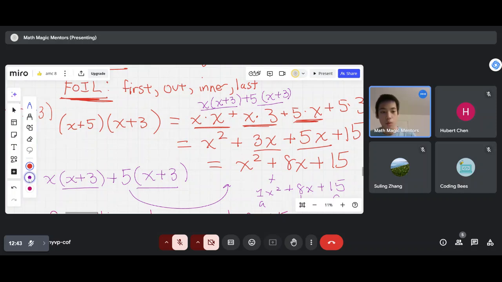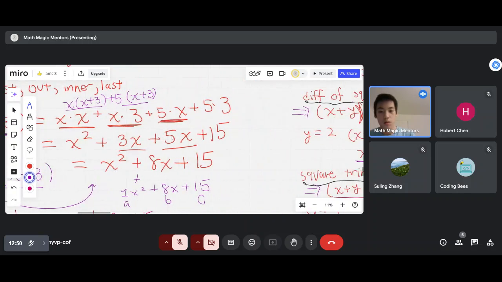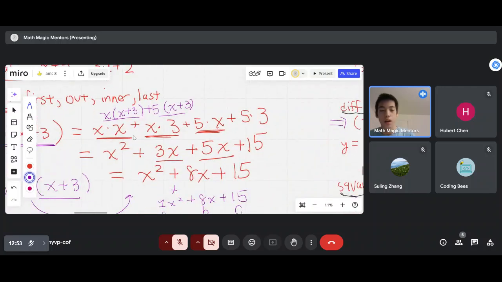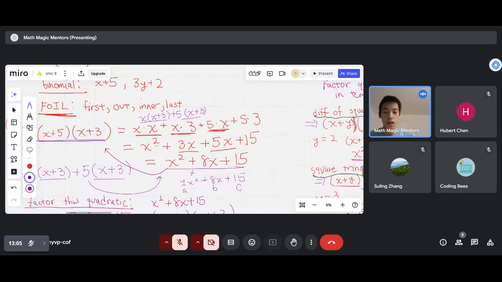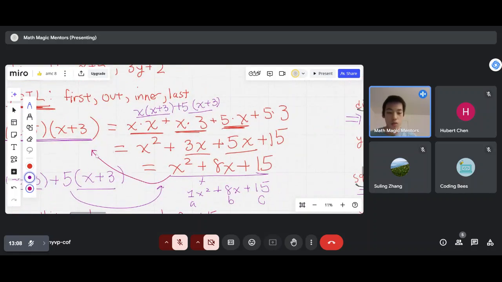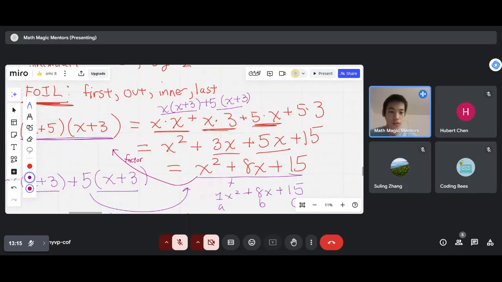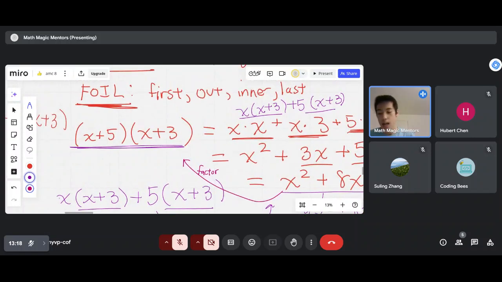So remember that when we introduced distribution, we were multiplying pairwise terms, right? We used FOIL for first, outer, inner, last, and then we combined the like terms to get this expression right here. Well, now with factoring, you're basically undoing the distribution. So we say that we factor the quadratic x squared plus 8x plus 15 into x plus 5 times x plus 3.